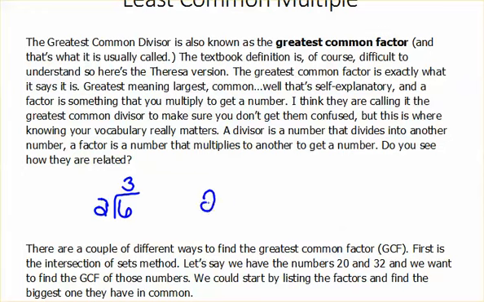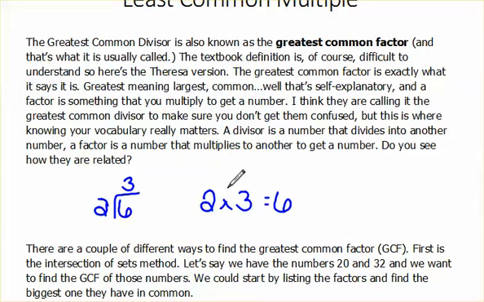But wouldn't it also be correct to say 2 times 3 equals 6? So 2 is a divisor, yes, but it's also called a factor of 6. So that's where they're changing the name a little bit. But I want you to understand how they're related.